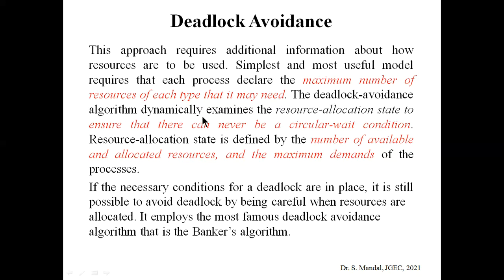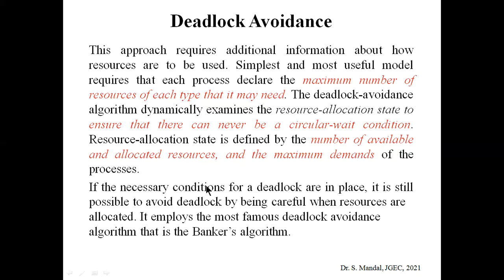The deadlock avoidance algorithm dynamically examines the resource allocation state to ensure that there can never be a circular wait condition or deadlock condition. The resource allocation state is defined by the number of available resources, allocated resources, and the maximum demands of the respective processes. The algorithm continuously examines this state.